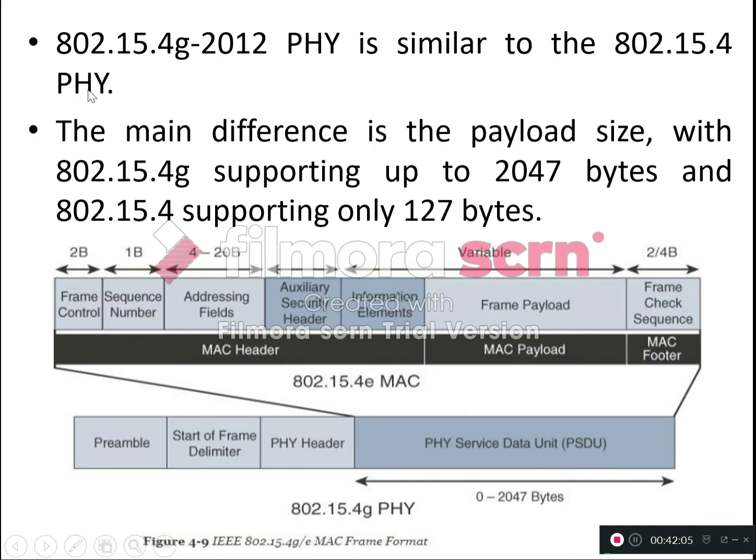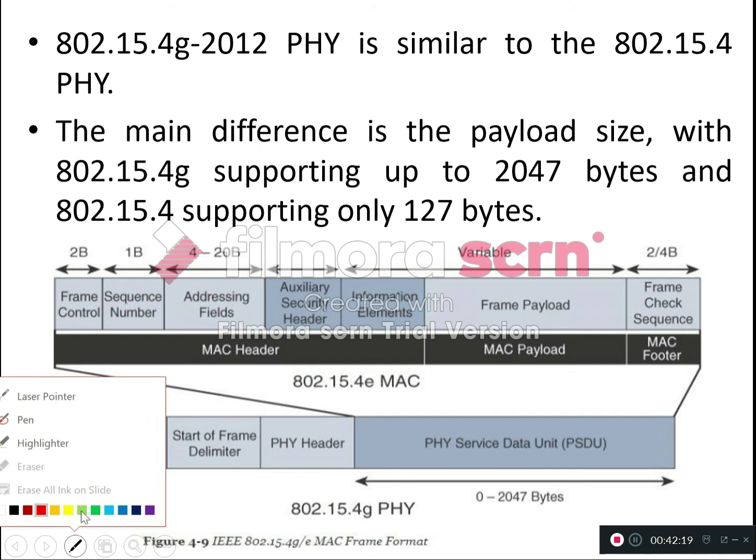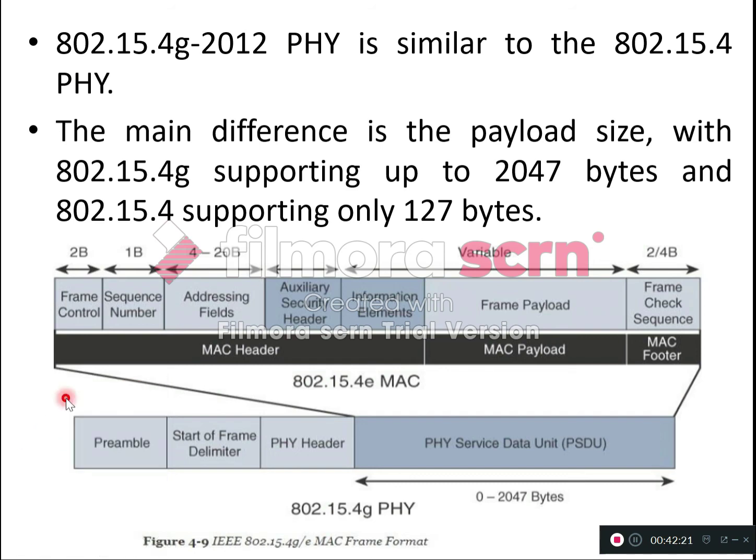So let us see the MAC frame format for 802.15.4G as well as E. 802.15.4G 2012 version is similar to 802.15.4. It is very similar to that. The main difference is the payload size.